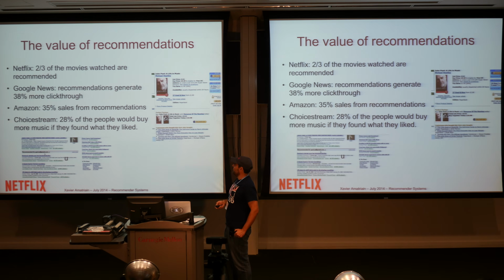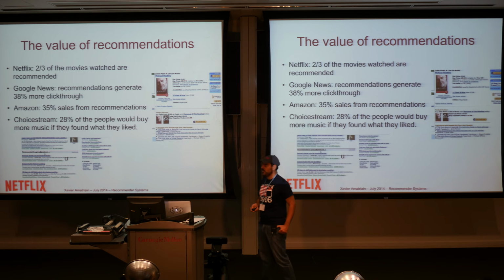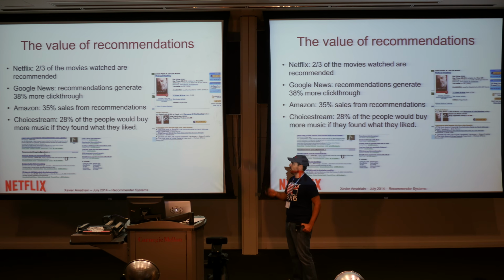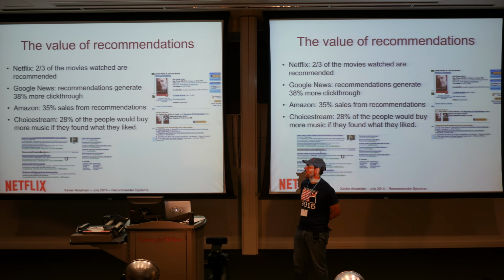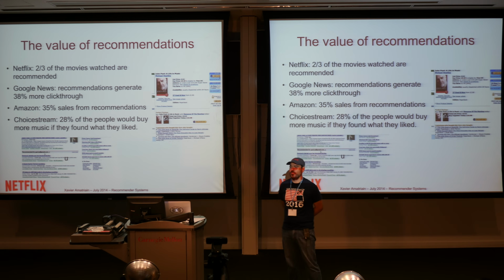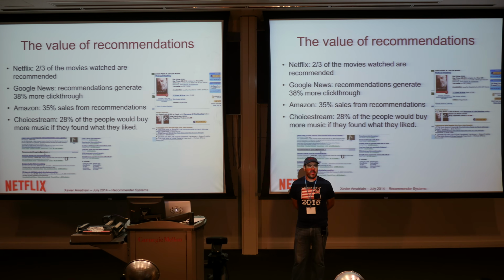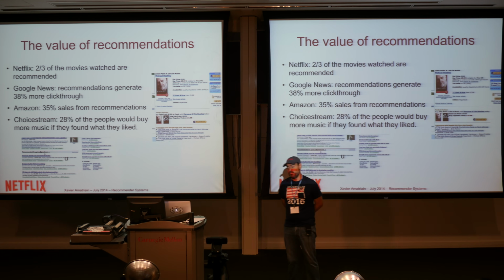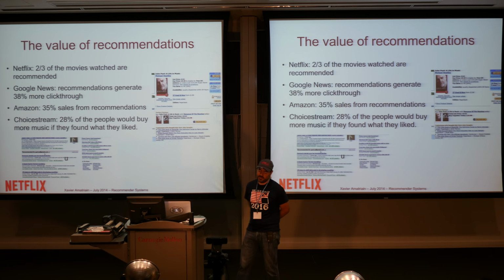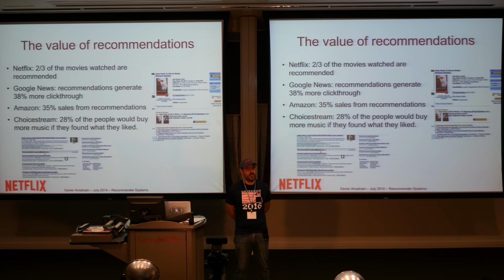Okay, so the value of recommendations: in Netflix, roughly 2/3 of the movies and TV shows that are watched are recommended. I think now we're up from that to roughly around 80% of the things that people watch coming from some sort of recommendations. And even when people search, which we don't consider a recommendation, we do recommend things.